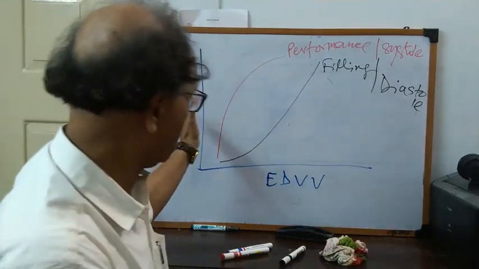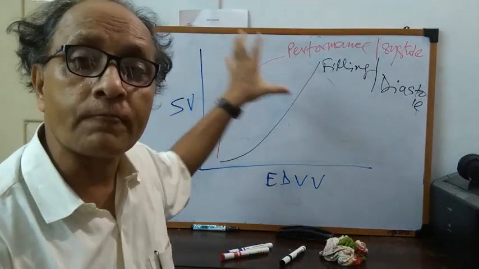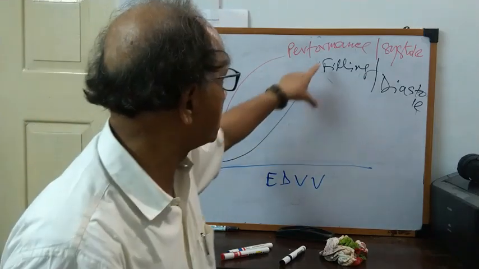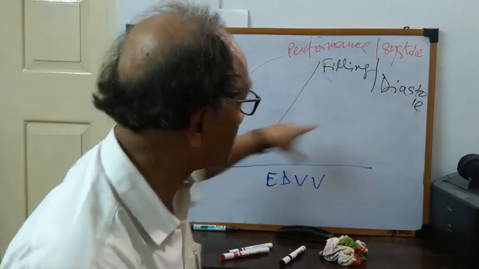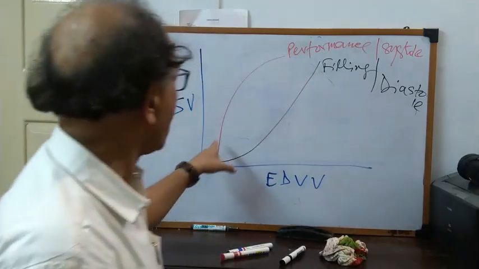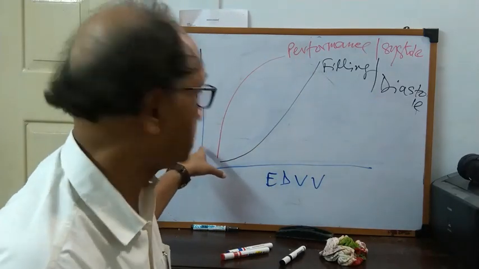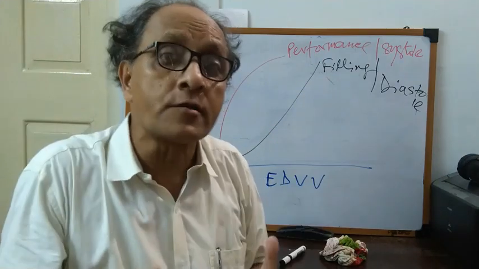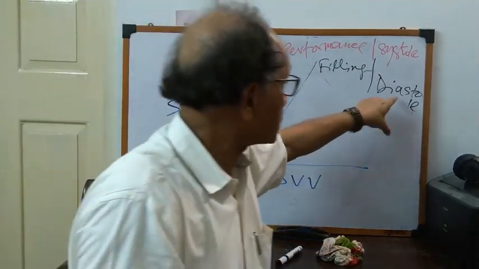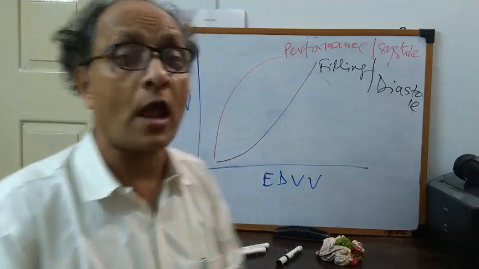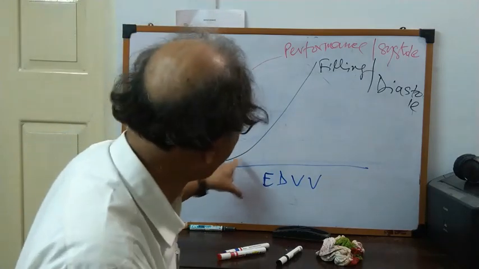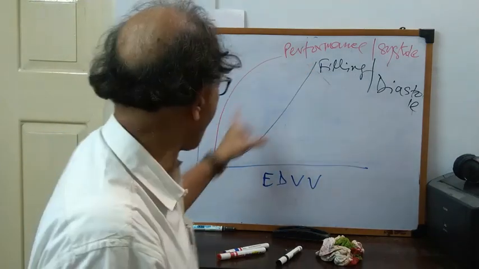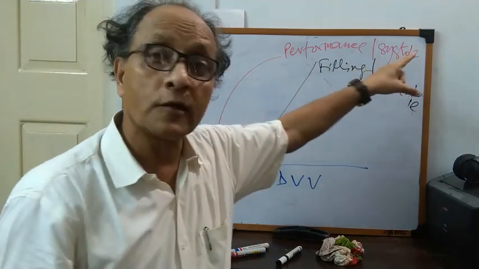These are the ventricular performance curves. One is during the resting state, filling state or diastolic state. Another is during the performance state, active state or systolic state. Systole means performance, ventricular contraction. Diastole means resting or ventricular relaxation. So this is the relaxation curve or diastolic curve, and this is the performance curve or systolic curve.